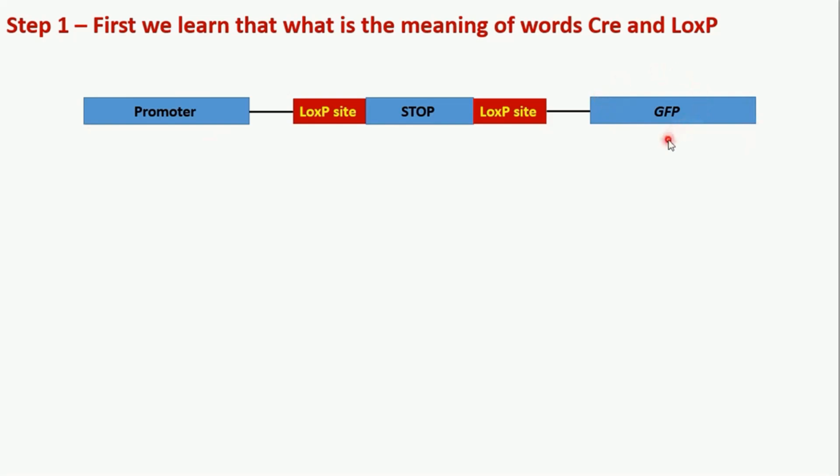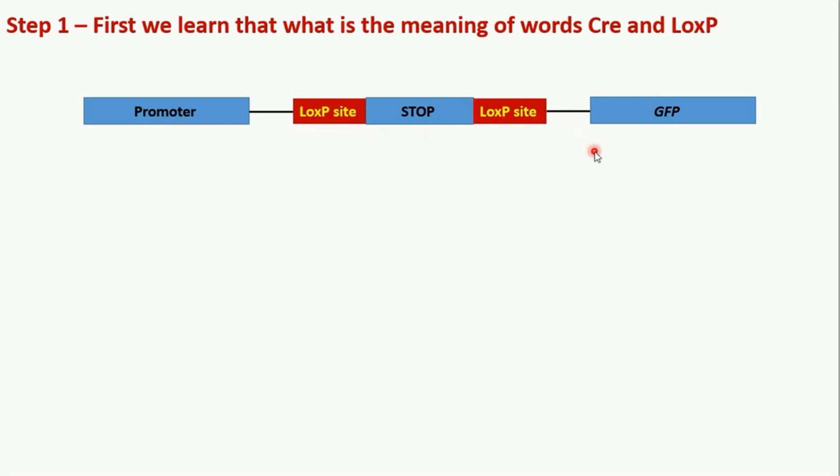And in this example, we are using the coding sequence of GFP, that is green fluorescent protein. Now, in between the promoter and GFP, we have added a stop sequence, and this stop sequence is flanked by LoxP sites. Again, the promoter and coding sequence have a stop sequence in between, and the stop sequence is flanked by LoxP sites.